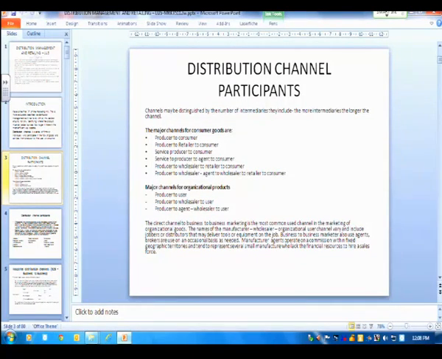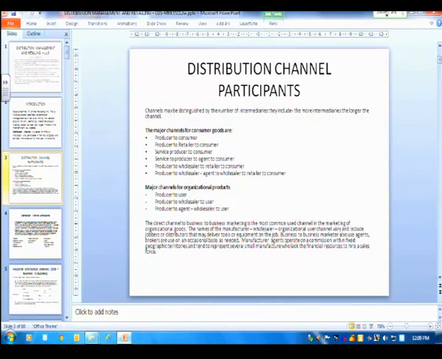The direct channel to business marketing is the most commonly used channel in the marketing of organizational goods. The names of the manufacturer, wholesaler, organizational user channel vary and include jobbers or distributors that may deliver tools or equipment on the job.